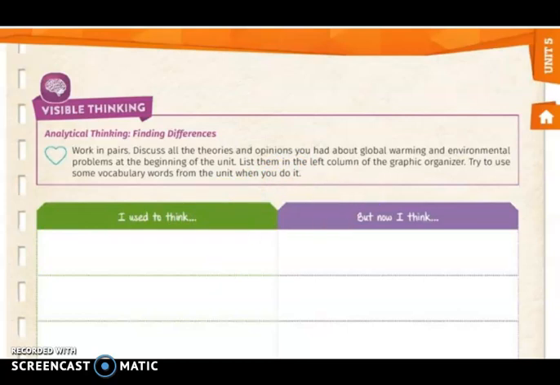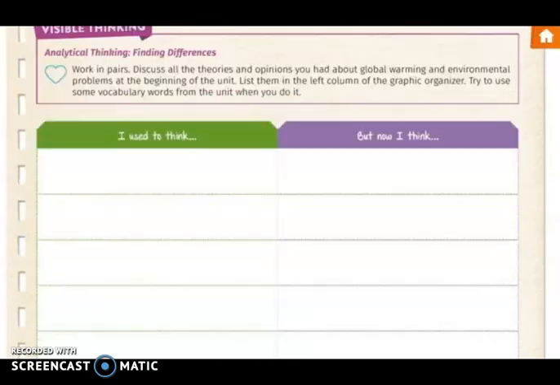Here you are going to put what you used to think about environmental problems or global warming, and now in this part you are going to put what you think now, how your thinking changed during the unit. Here how you used to think, and here how you think right now.